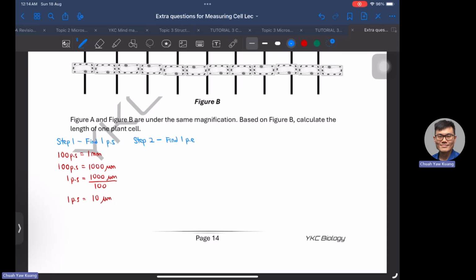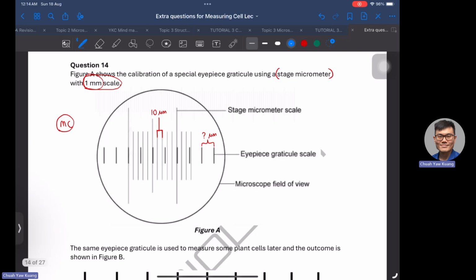Well, we have to start with finding two overlapping lines. We need to find the overlapping lines of the stage micrometer and the eyepiece reticule. This would be the first overlapping line, and this is the second overlapping line. We can see that the line of the eyepiece reticule and the line of the stage micrometer overlap perfectly here.